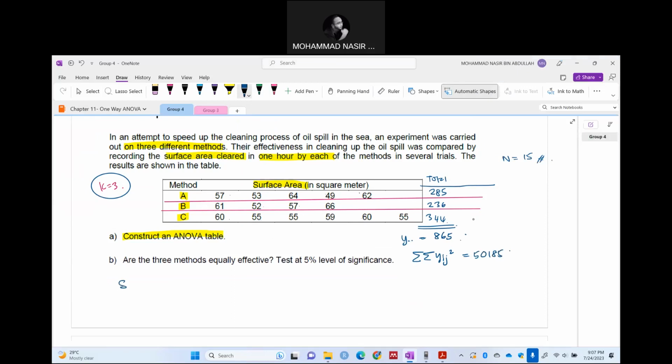So the sum of squares total is equal to the summation of Yij square minus y dot dot square divided by capital N. So this one is 50185 minus 865 square divided by 15.